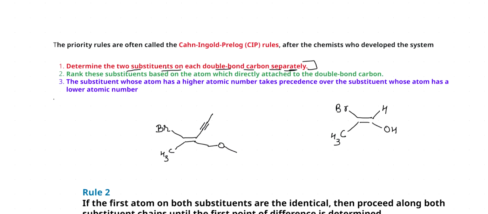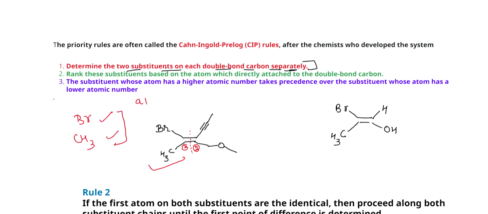Such as in this example, this is carbon number 1 and carbon number 2. On the left side, carbon number 1 is attached to two substituents. One of them is bromine and another one is a methyl group. Clear? And you have to rank these groups on the basis of atomic number.